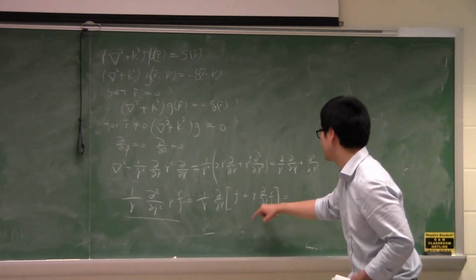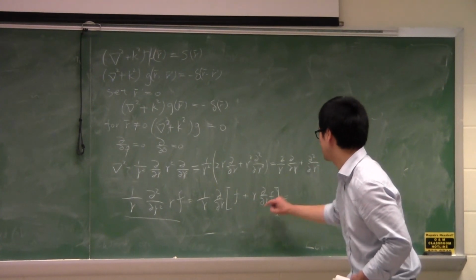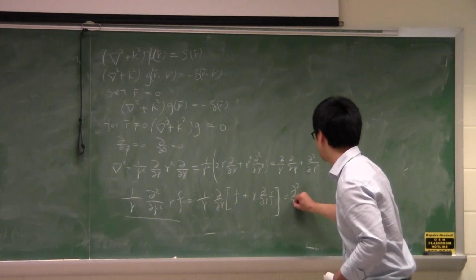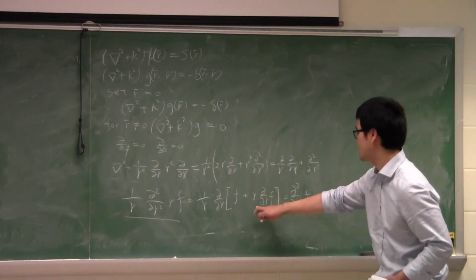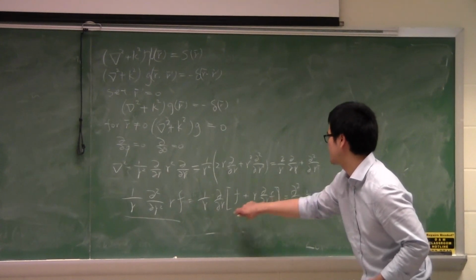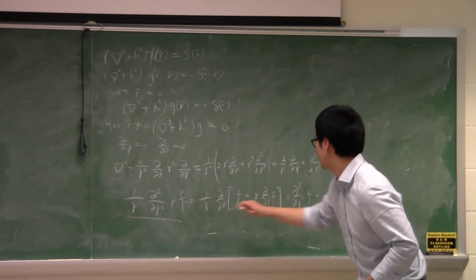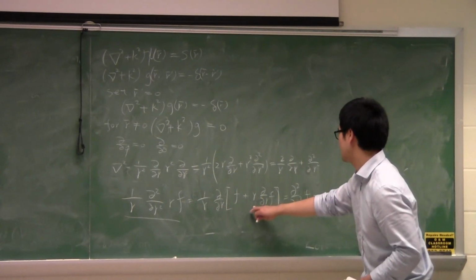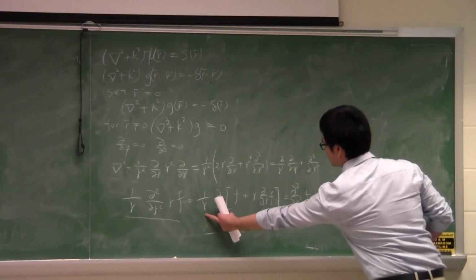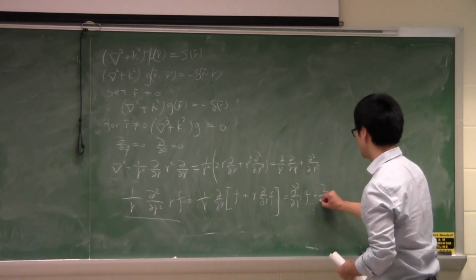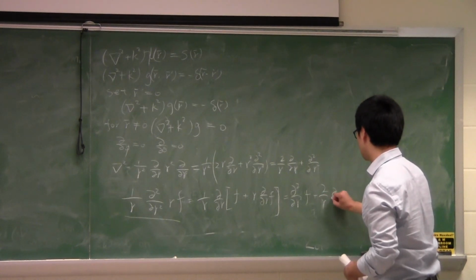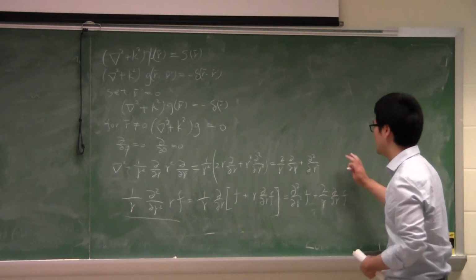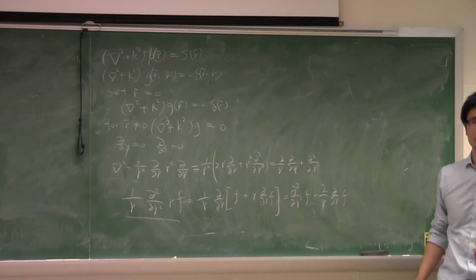And this will give me a second derivative of f plus another first derivative, times 1 over r. And then adding another term from here, it will give me 2 times 1 over r partial r f, which is exactly the same as this one.